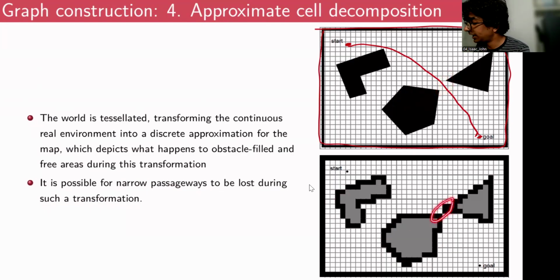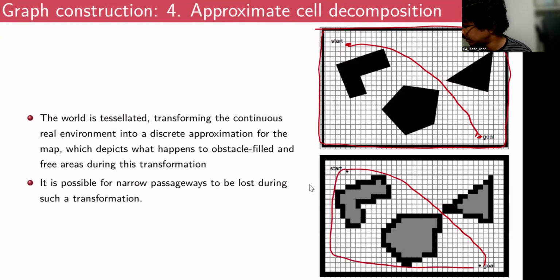And as you can see here, it is considered to be blocked by those two representations of the obstacles. So there is a possibility that these narrow passageways could be lost due to these sorts of transformations. Instead of the robot going like this, now the robot considers this area to be blocked, to be consisting of obstacles. So it will try to find another path.